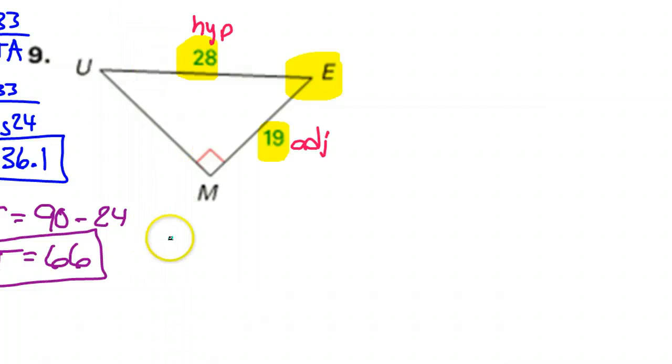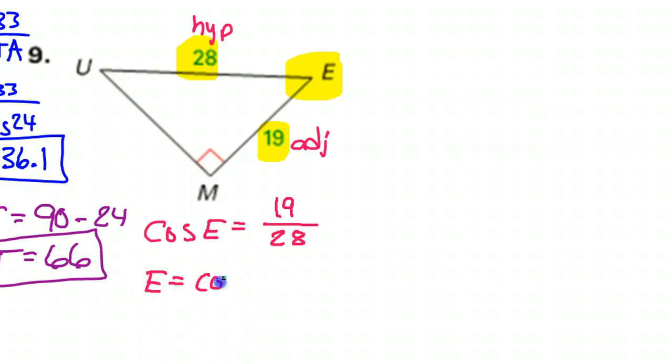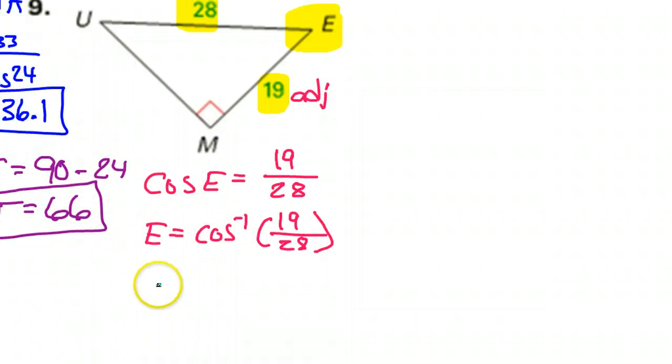So that's why we're going to start off doing cosine of angle E equals adjacent over hypotenuse, 19 over 28. If you want to find the angle, you use the inverse cosine. You must show each of these steps, mandatory.